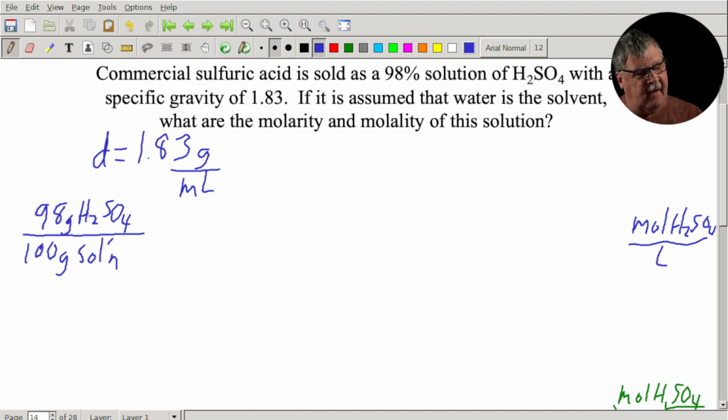Okay, so how do I go from those units to moles per liter? Well, the first thing we could do is say, all right, I want to change grams of H2SO4 to moles of H2SO4. So that means I'm going to divide by the molar mass.